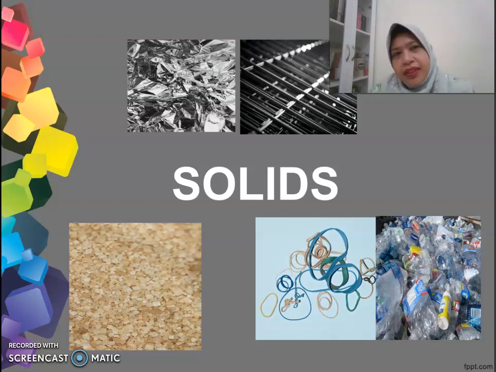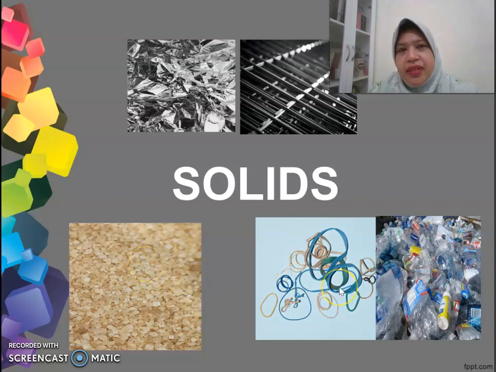For example, some solid like iron and aluminium. Okay, as we can see here, they are hard and metallic. And some solid like sugar or salt, they are crystalline and easily broken.